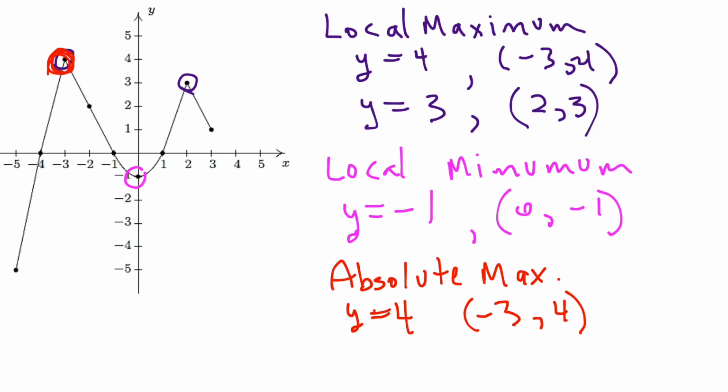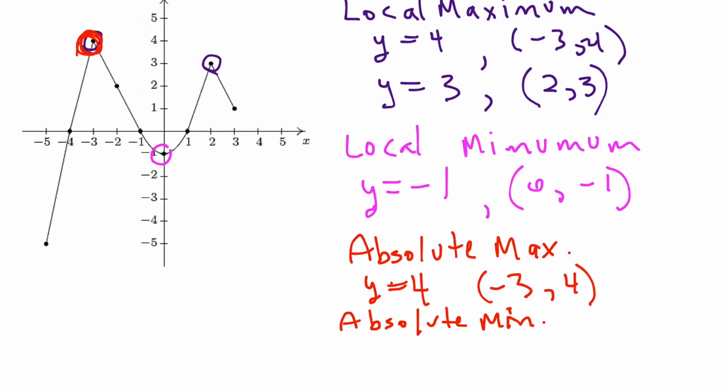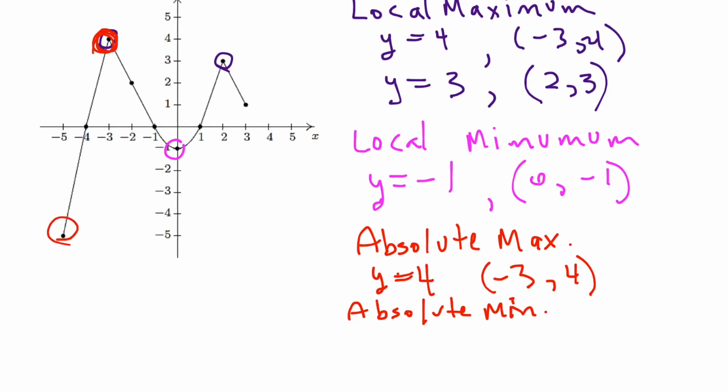And the absolute minimum would be y is equal to -5, occurring at an x value of -5, so that's the point -5, -5.